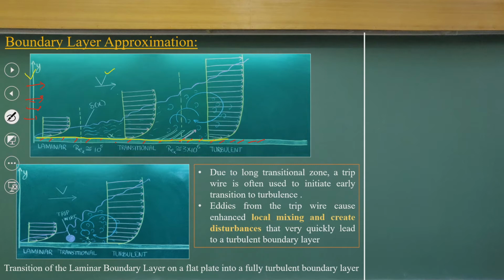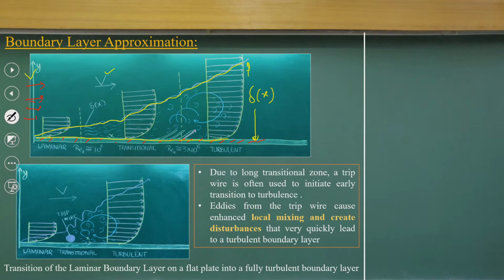The same way if you go along x, you can see this is what is called the boundary layer thickness, which is represented as delta x.